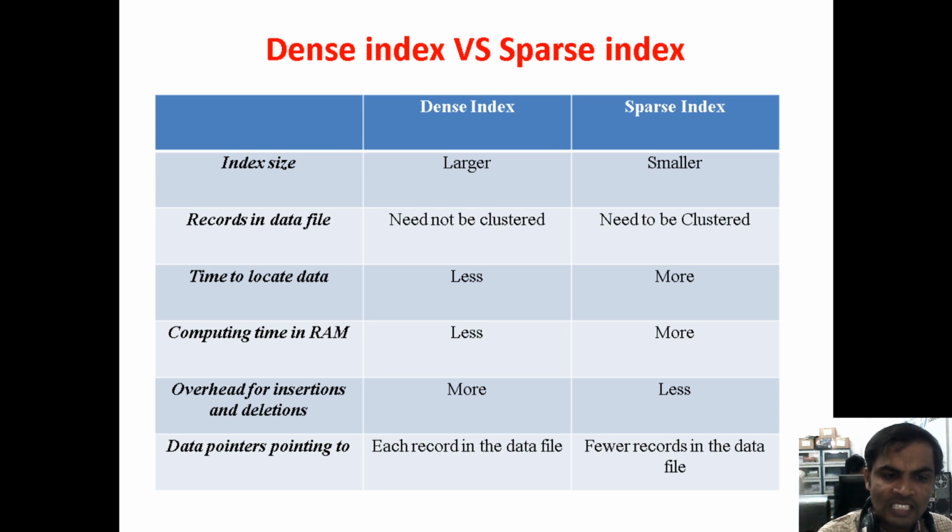Also with the RAM, when you are searching the data, dense takes very little memory, while the sparse scenario takes more memory. This is very important for the difference between the sparse index and the dense index.